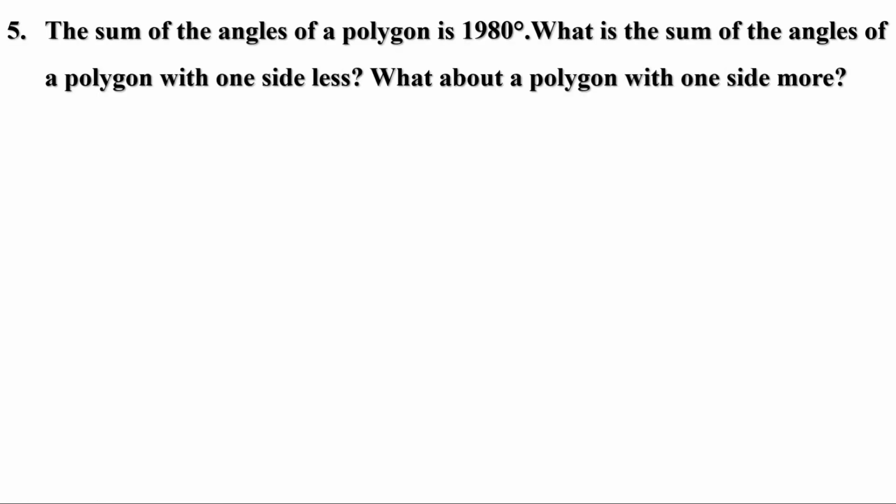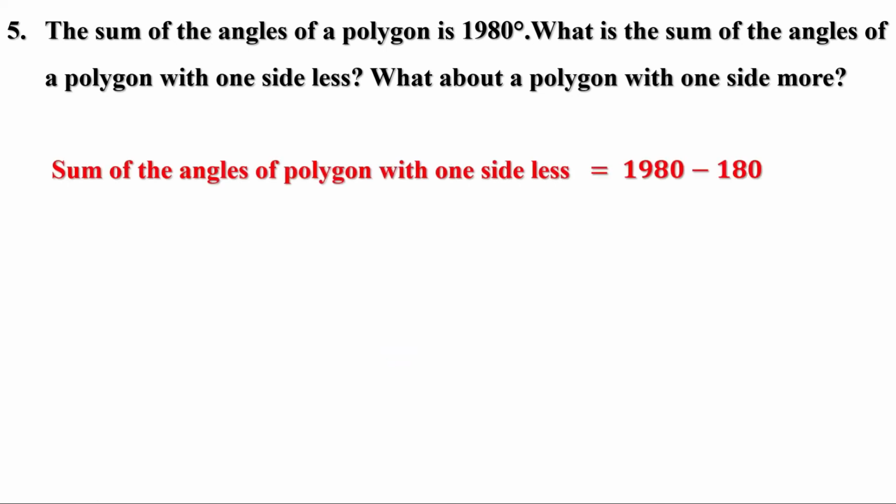The sum of the angles of the polygon is 1980 degrees. We have to find the sum of the angles of a polygon with one side less. We know when the number of sides decreases by 1, the sum of the angles decreases by 180 degrees. Therefore, the sum of the angles of a polygon with one side less is 1980 minus 180, which is equal to 1800 degrees.